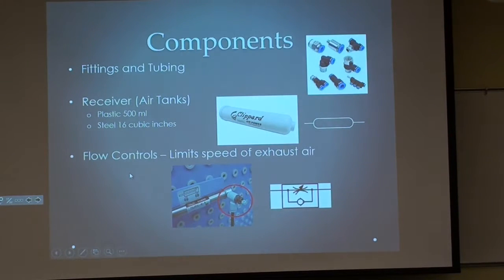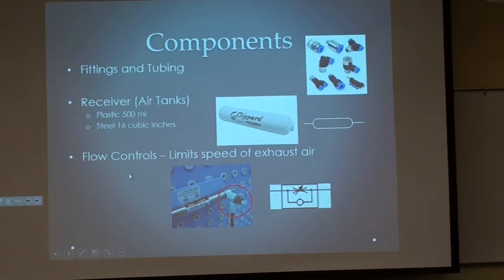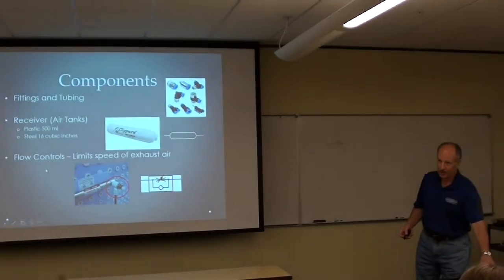Okay, and then flow controls. The way the flow control works, for those that don't know, is it has a check valve. As he was describing metering in versus metering out, it means that this check valve is in the opposite direction. So it's not like I can take the flow control and put it on the other port. It doesn't work.